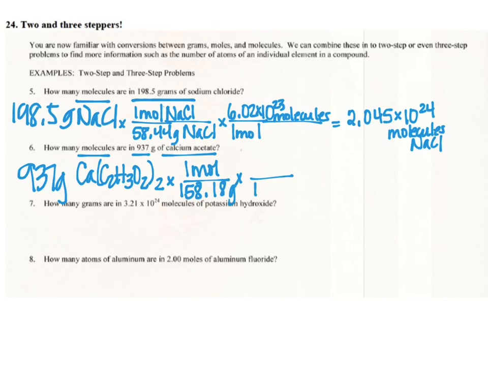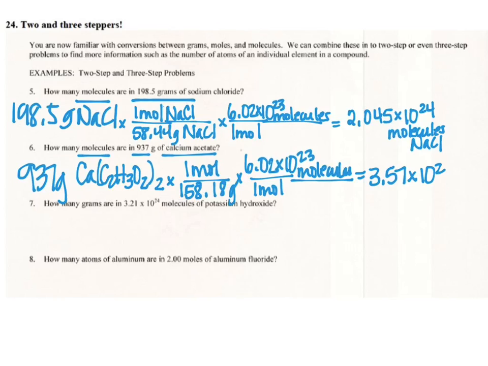And we know that in 1 mole, there are 6.02 times 10 to the 23rd molecules. So we need 3 sig figs. 3.57 times 10 to the 24th molecules of CaC2H3O2.